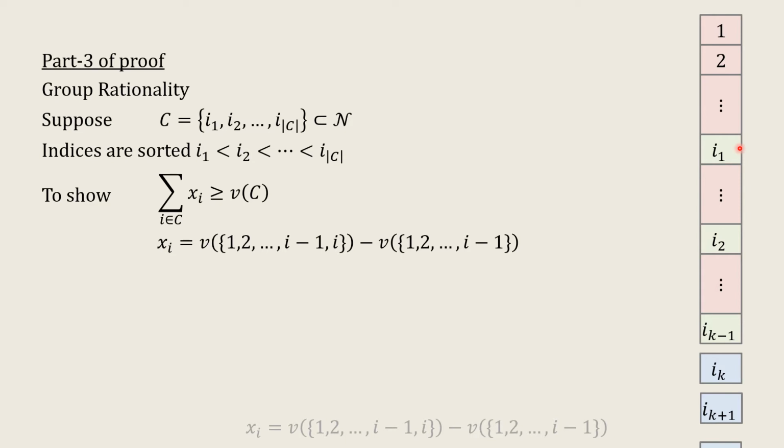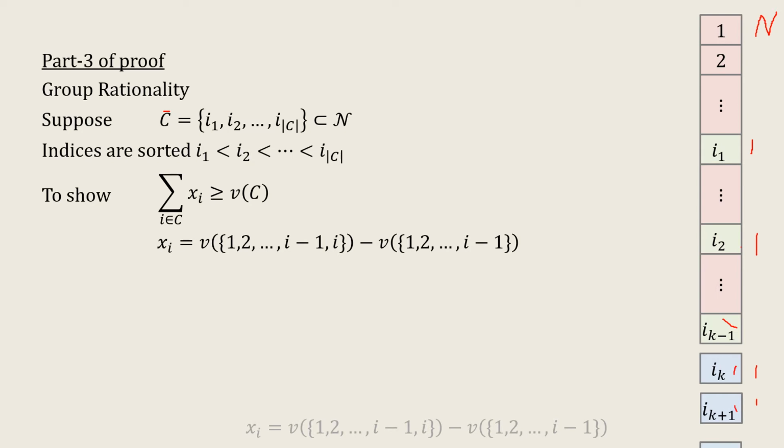Part 3 of the proof is a little more involved. This is my grand coalition. I have taken all the agents indexed 1, 2, 3, 4, all the way to n in sorted fashion. Then I form a subset out of this called C, taking the agents colored green or blue: i1, i2, up to i(k-1), then ik, i(k+1), and so on.